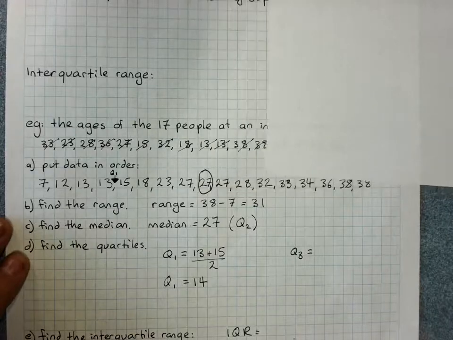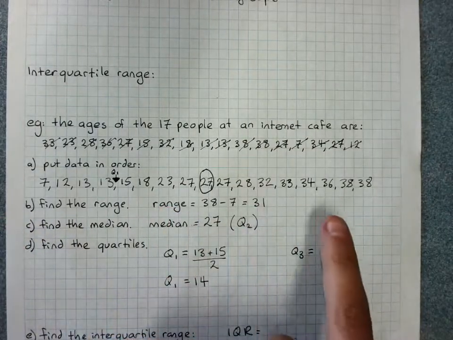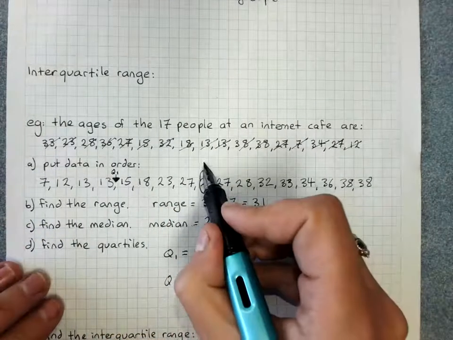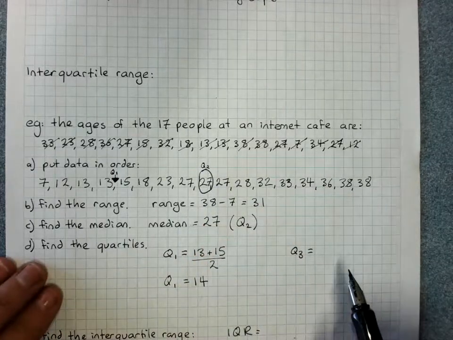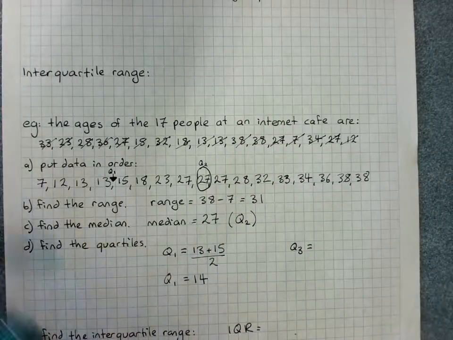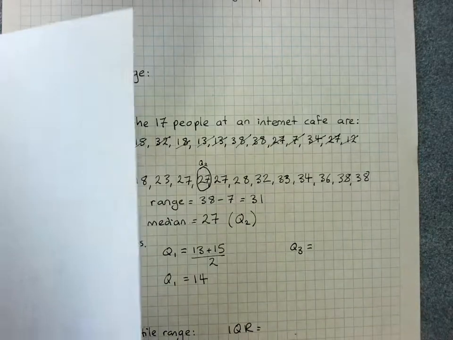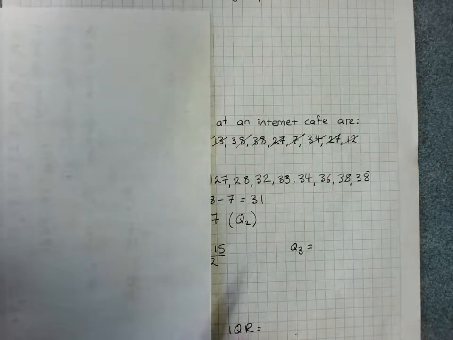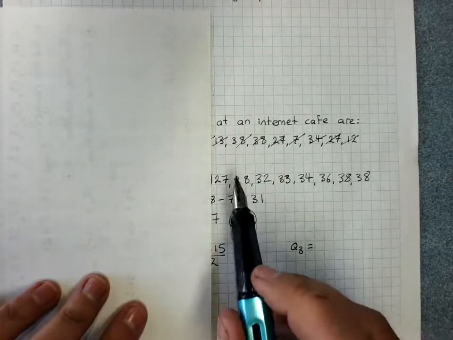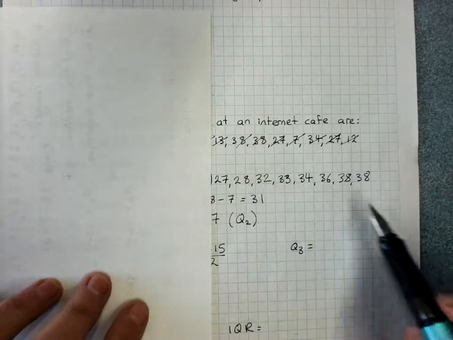And you've probably worked out how we're going to find Q3, the top quartile. I'll label the median, this is Q2. We'll get the top quartile by covering up the median and the bottom half and just finding the median of the top half of the data.